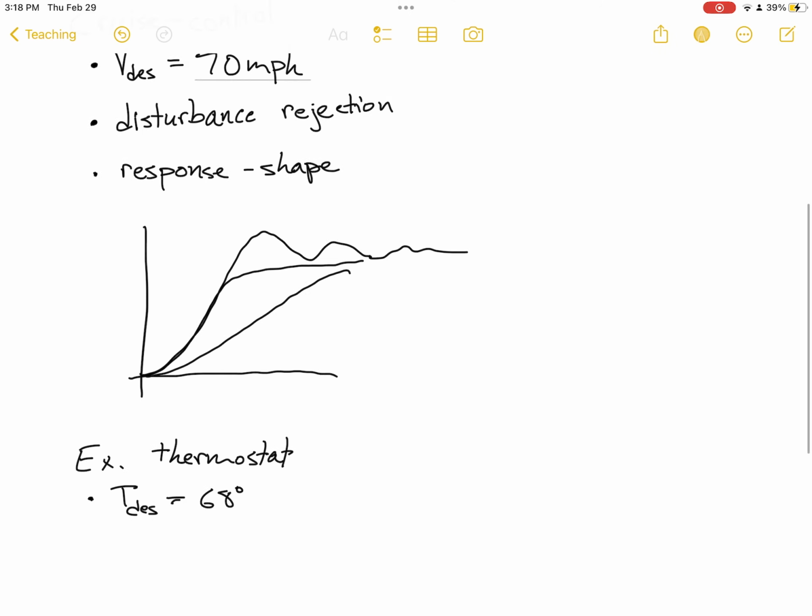And your thermostat is a sensor that can measure the temperature inside your house, and if it gets hotter than 68 degrees, maybe with some tolerance, then it's going to turn on the air conditioner. And if it gets colder than 68 degrees, it's going to turn on the heater. So that F of T is some combination of fans and air conditioners and heaters that work together to keep your house or your apartment at some desired temperature.